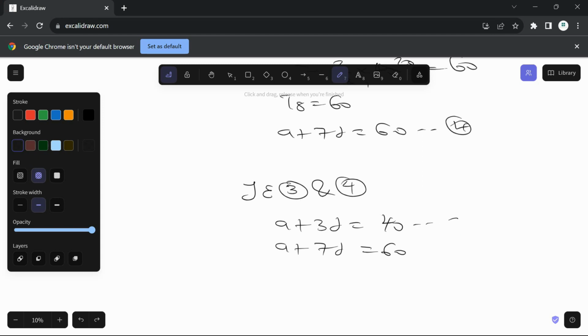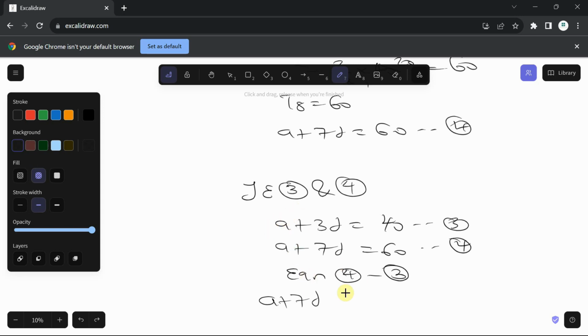What we can do here is, I don't want to complicate things because we've not done simultaneous equations, but what we can do if we have something like this is say equation 4 minus equation 3.